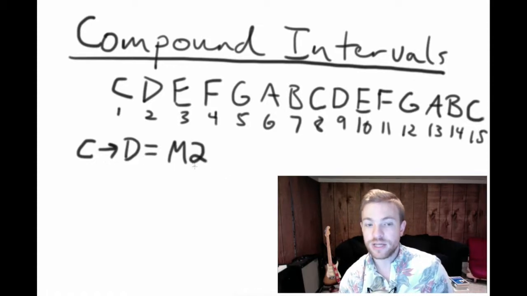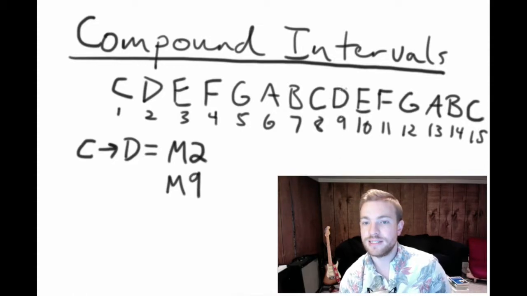So C to D is a major second, right? But if we went from a C not to the D right next to it, but to the D all the way an octave above that, we would actually call this a major ninth, okay? Because D would be the ninth in this 2-octave scheme that we have here.